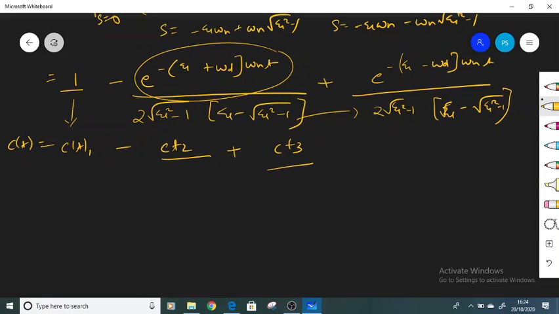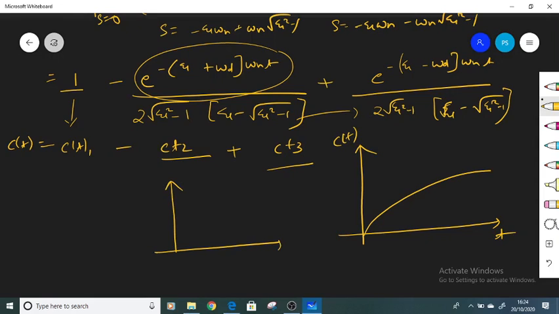If I want to plot this, you can easily picture it. The value of c(t) is going to be something like this only. Why? Because I have got two exponentially decaying terms.